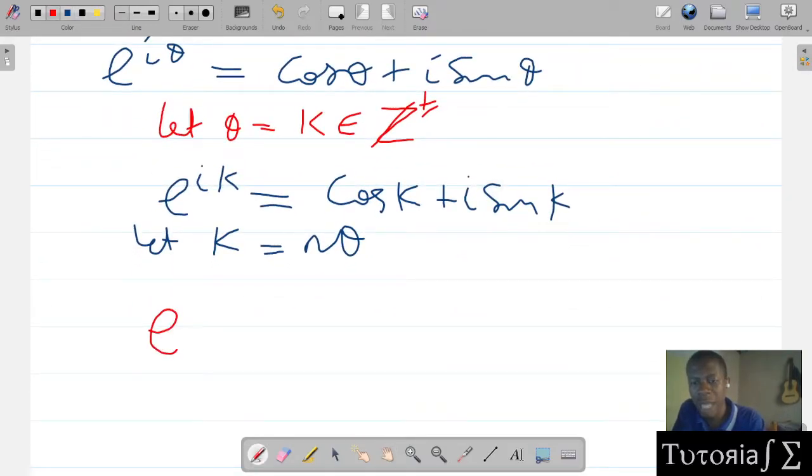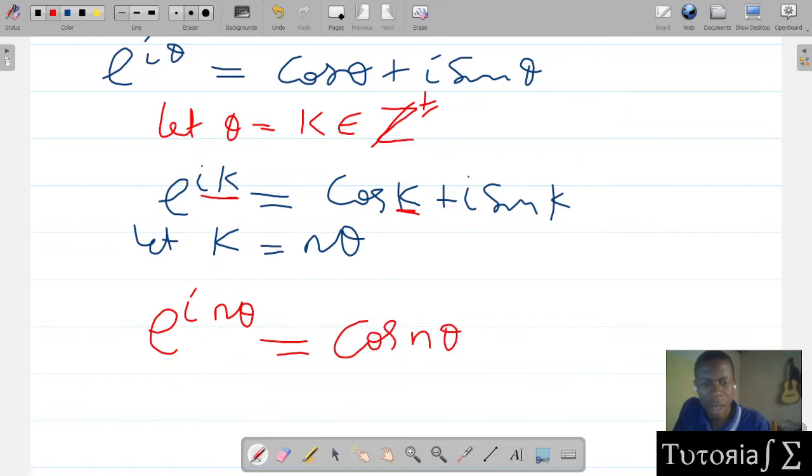This will be e to the i, where there is k here, we're putting n theta, being equal to cos n theta, plus i, where there is k here, we're putting n theta, sine n theta, and we see this is our equation 2.